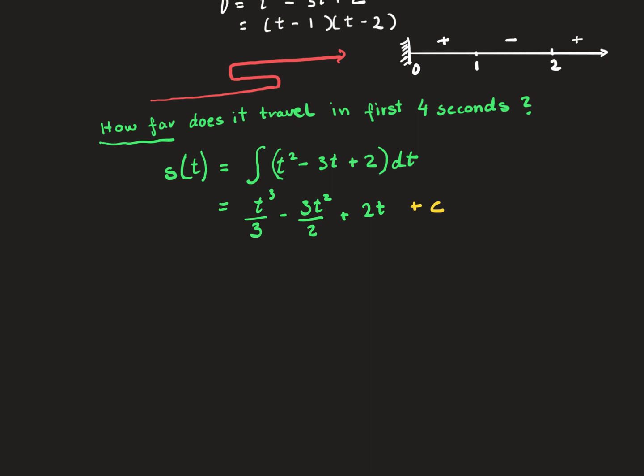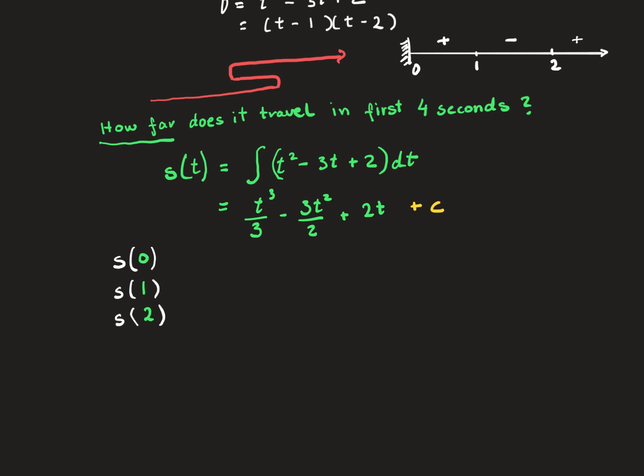Now that we've got our displacement function, we should find out where our particle was at the origin. We also should look at it when it was at t is equal to 1, and also when it was at t is equal to 2, that's when it changed direction.